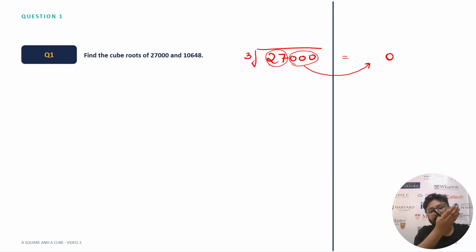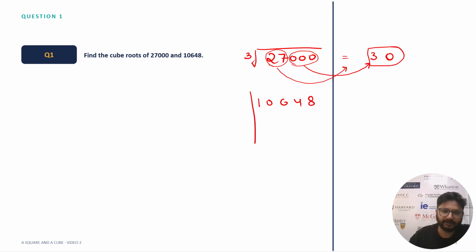But when I'm doing the reverse order, the number will get divided by 3, right? So 3 will become 1. Similarly, what is the cube root of 27? 3 into 3 into 3 is 27. So cube root of 27 is 3. So this is equal to 30. You could have done this question using prime factorization also. That is also fine.